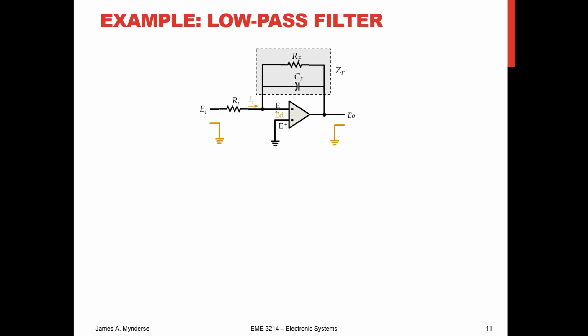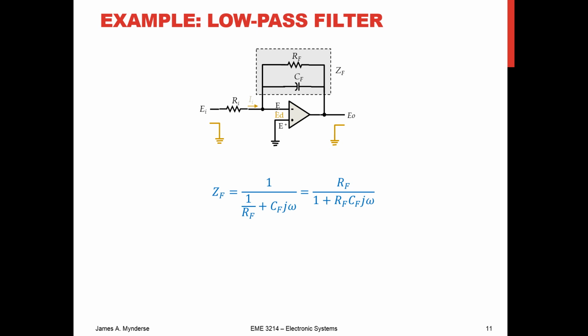We can do this for a low-pass filter or a high-pass filter as well. The difference between the filters and the amplifiers we just looked at is we're going to include a capacitor. So if we put a capacitor in parallel with our feedback resistor, and we did this in class, then we can talk about the complex impedance, Zf, as being the parallel connection of Rf and Cf.